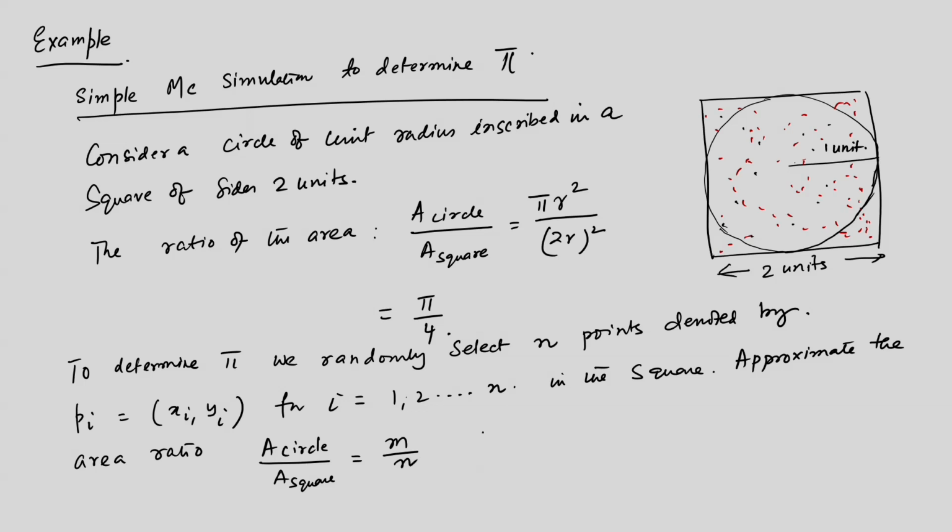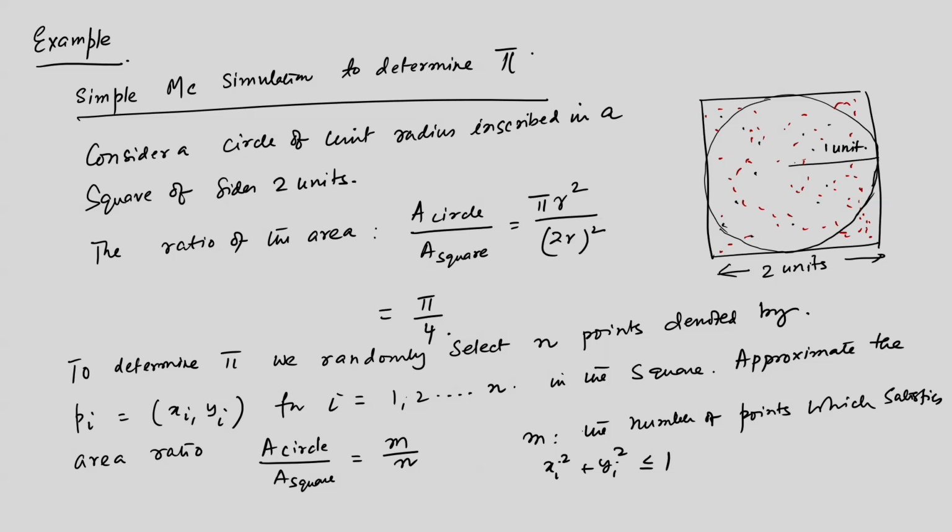This ratio would converge as root over n, where m is the number of points which lie within the circle, which means which satisfies x_i squared plus y_i squared is less than or equal to 1.